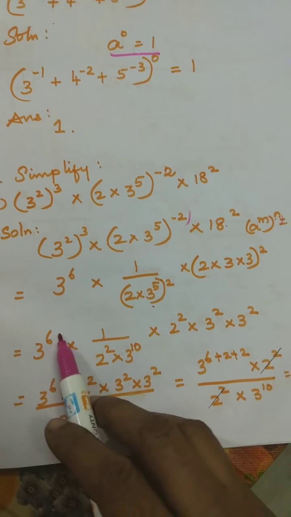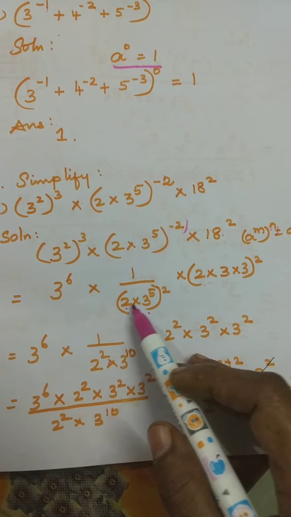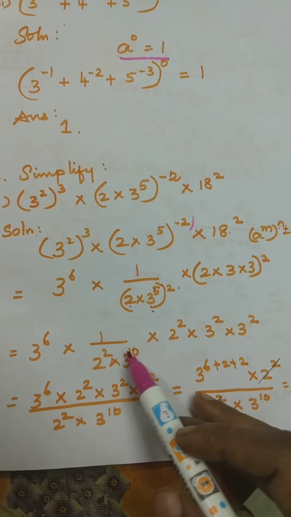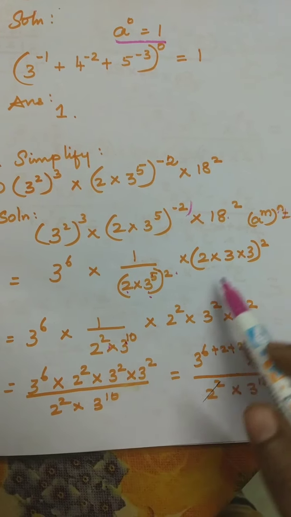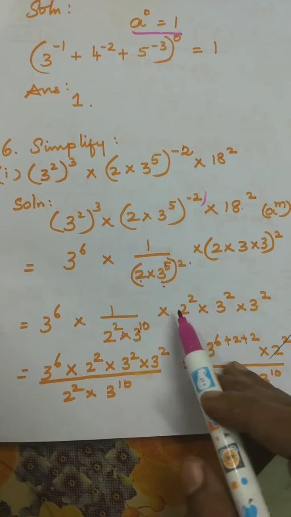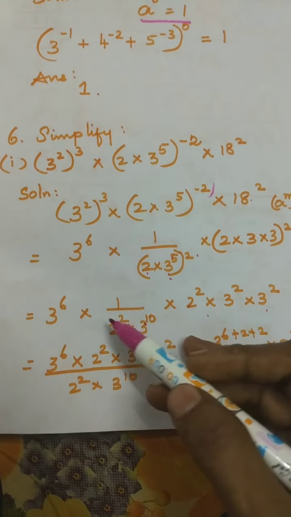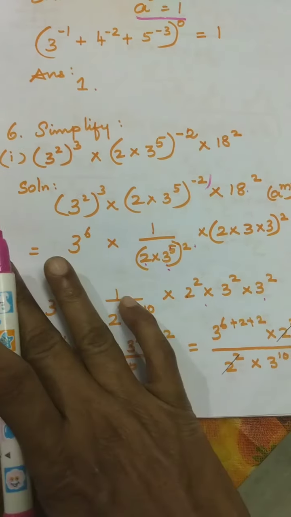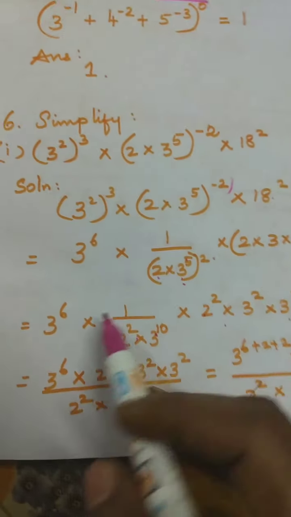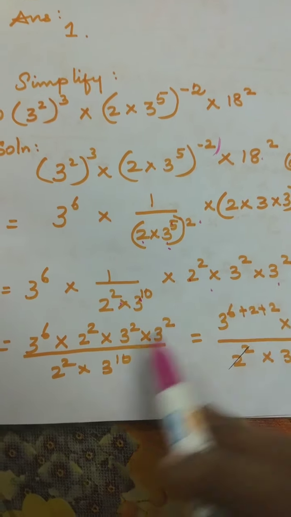Now 3 power 6 into 1 by 2 power 2 into 3 power 5 2s are 10. Then here you have square, you have to apply the square to all the numbers. 2 square into 3 square into 3 square. Now take all these in 1. 3 power 6 into 2 square into 3 square into 3 square.